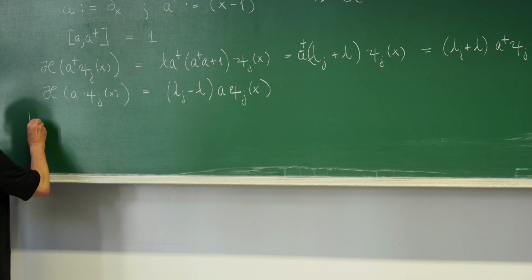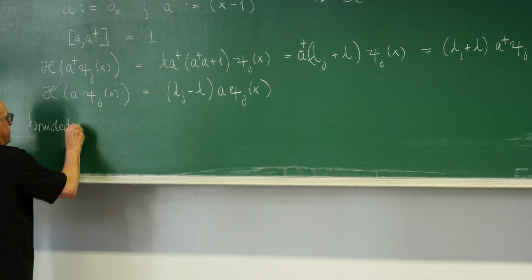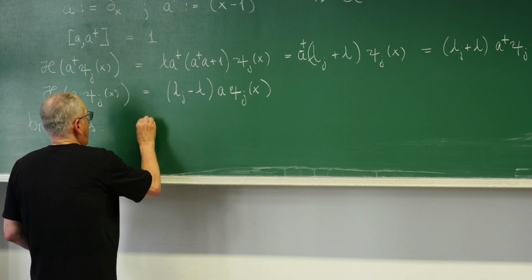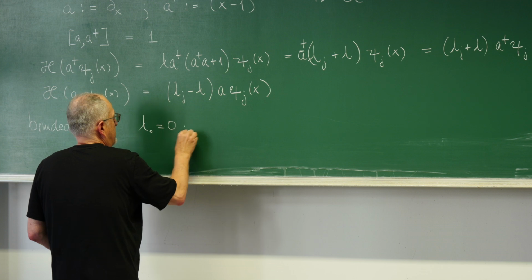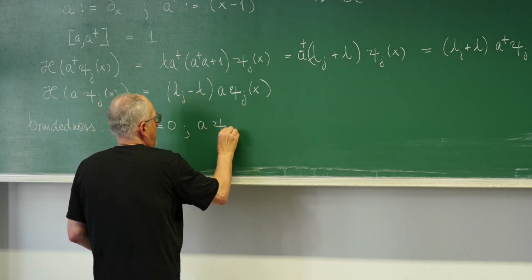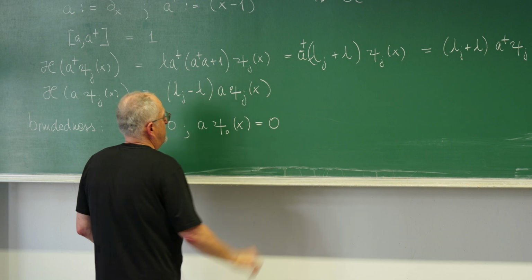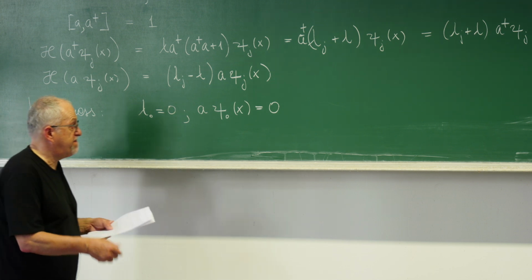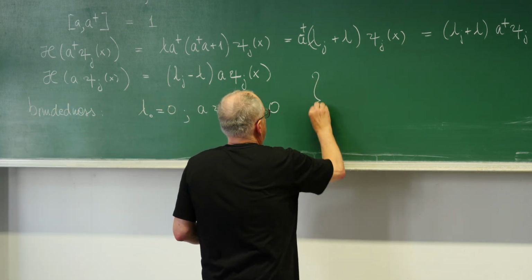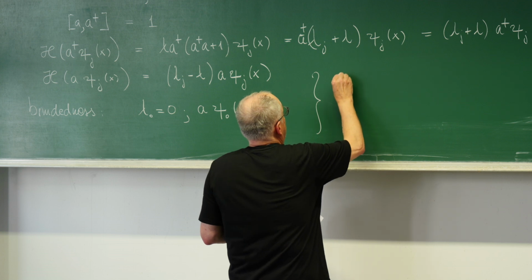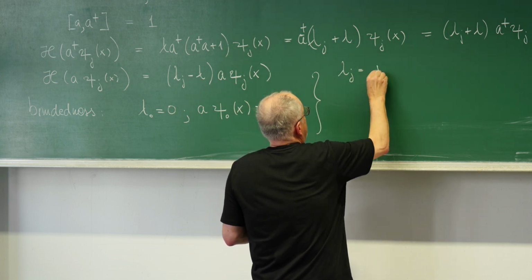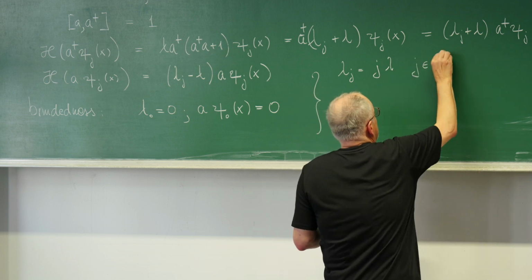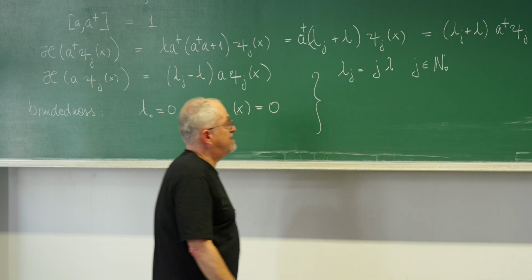So boundedness implies that we must have a lowest eigenvalue, lambda_0 equal to 0, with the eigenfunction being such that a acting on psi_0 is 0. But then, if you have that, the eigenvalues that we get are just j times lambda, with j being from the natural numbers including 0.